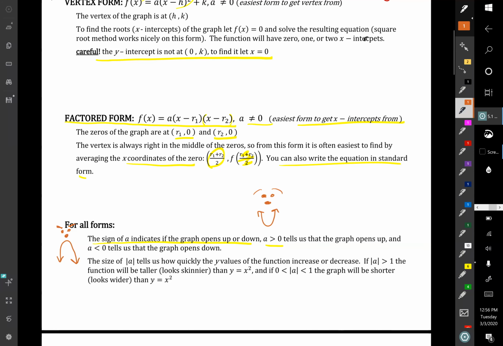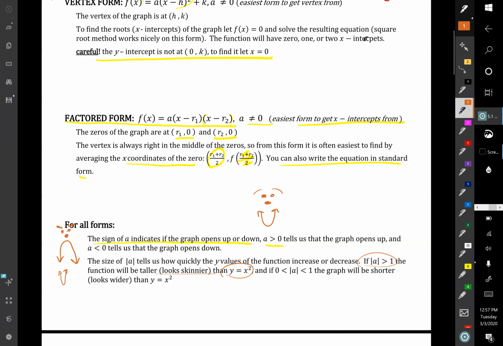The size of the absolute value of a tells us how quickly the y values of the function increase or decrease. If the absolute value of a is greater than 1, then the function will be taller. It's going to be skinny. It's going to shoot up fast. This is our parent function, y equals x squared.